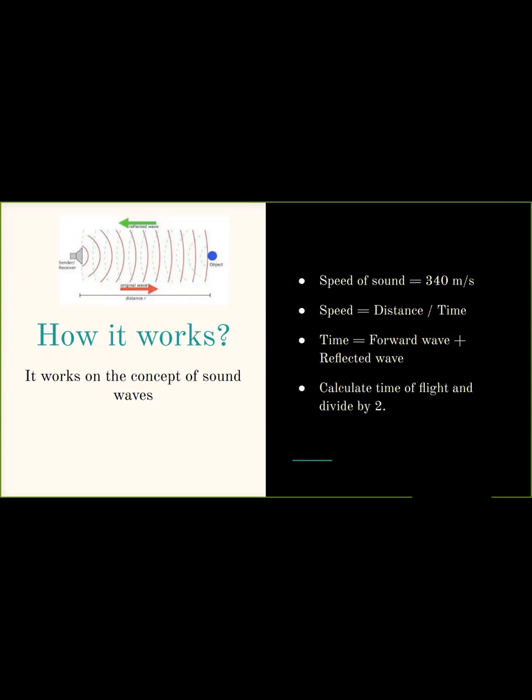Similarly, sound is also traveling at a definite speed. This speed varies with the medium that we are talking about. Air is one medium, vacuum is one medium, water is another medium.